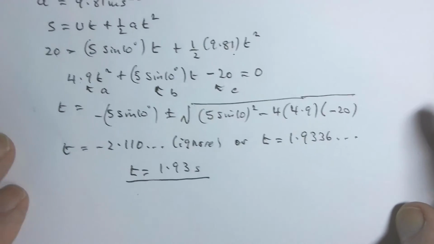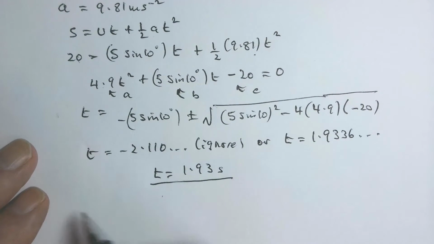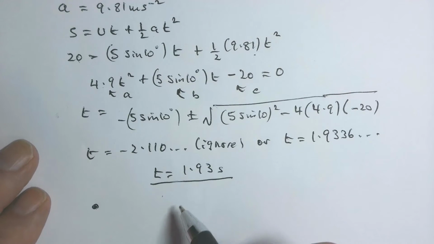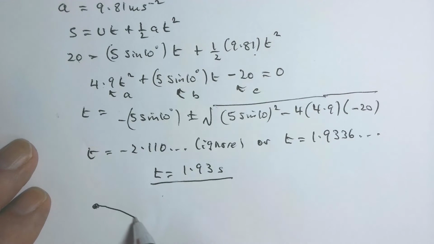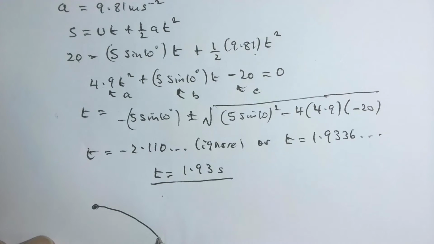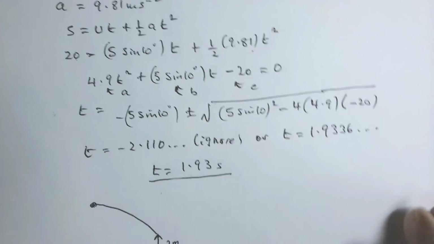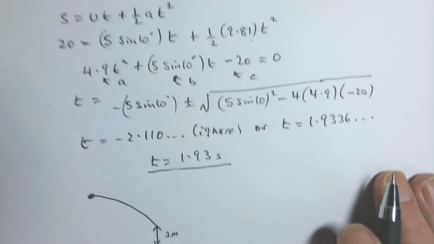If we look at the situation now, the package is going to be thrown, but before it reaches the ground, it's going to be caught when it's 2 metres above the ground.